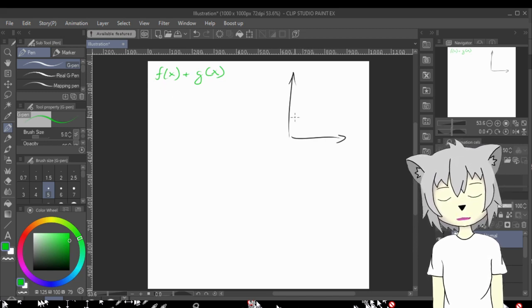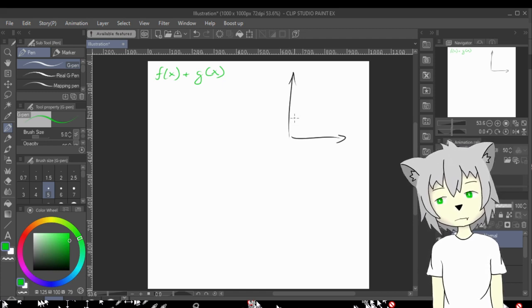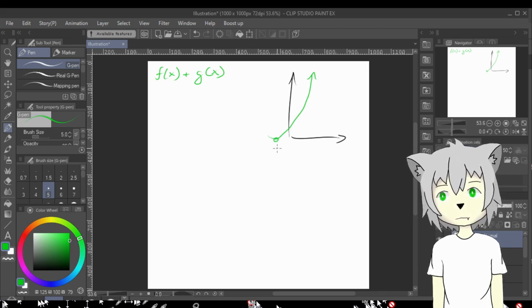Whichever one, it doesn't really matter, but I believe that would be x plus 1.